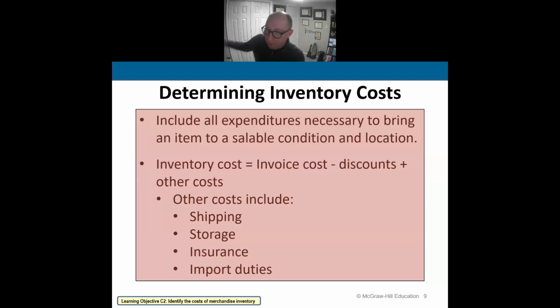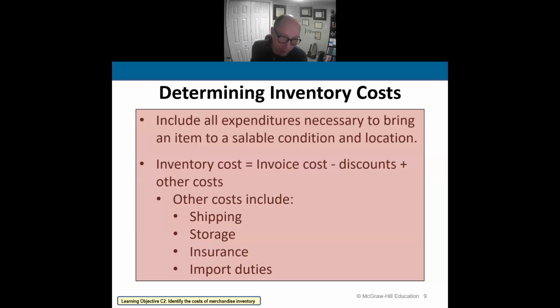Let's say I'm Macy's, and I bought some shirts from my vendor. My vendor got them from Bangladesh, but I don't care about that. I care about me, Macy's, buying it from the vendor. The vendor sends the stuff to my store.